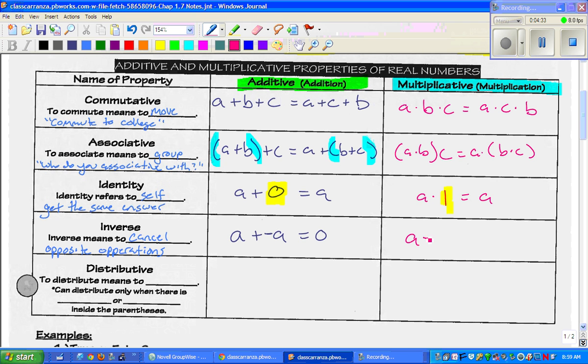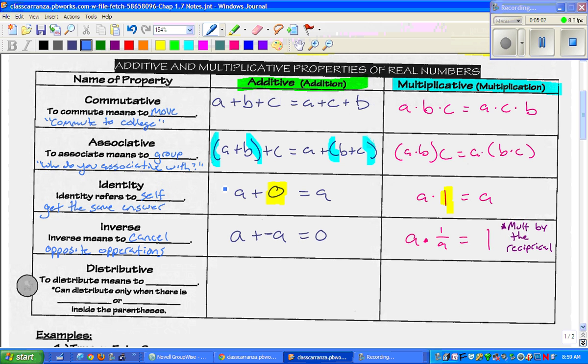Now, with multiplication, what would we need to multiply to get to 1? This is the tricky one right here. You would need to, a little note, multiply by the reciprocal.